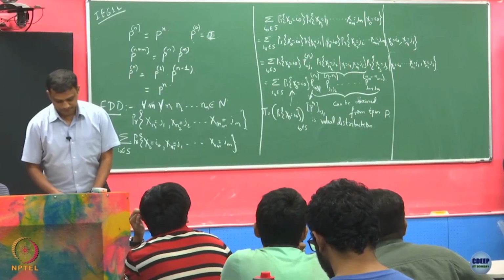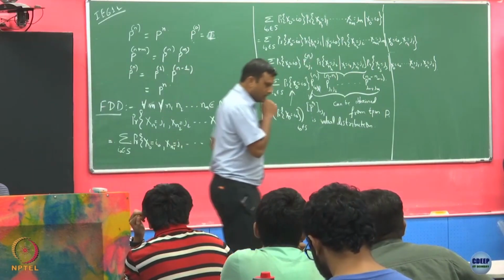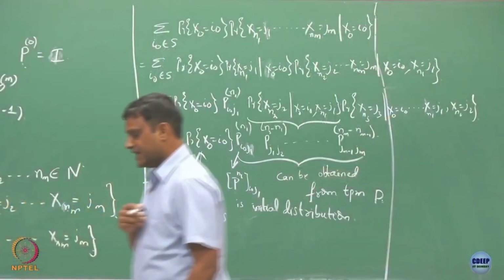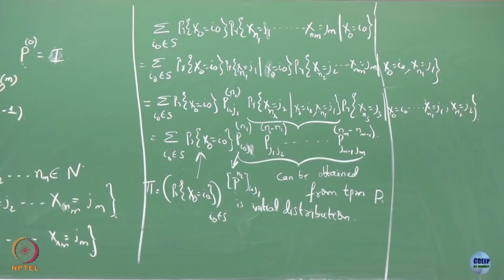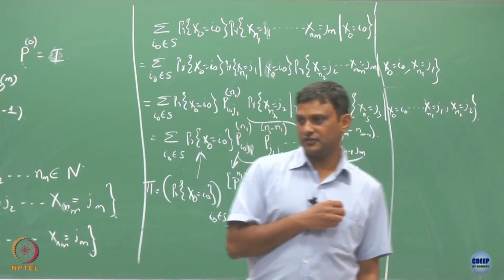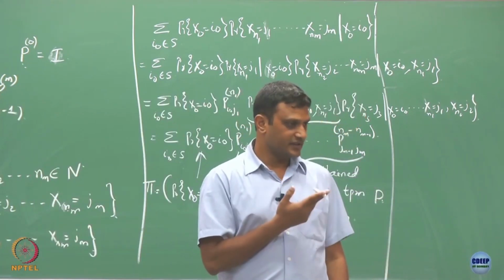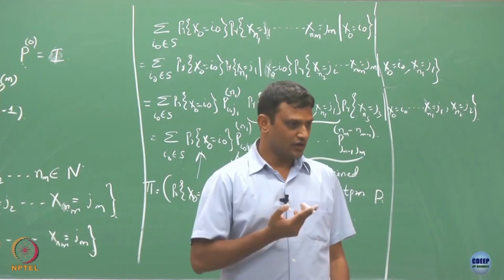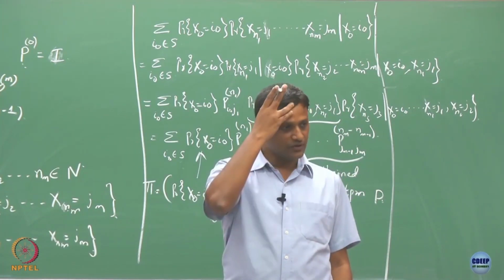Okay, so Markov chains, the way we have described them, actually capture a lot of things that we face in reality, and they often give a nice characterization of those phenomena.